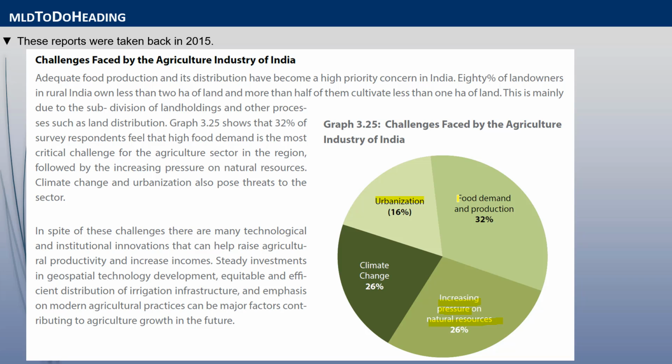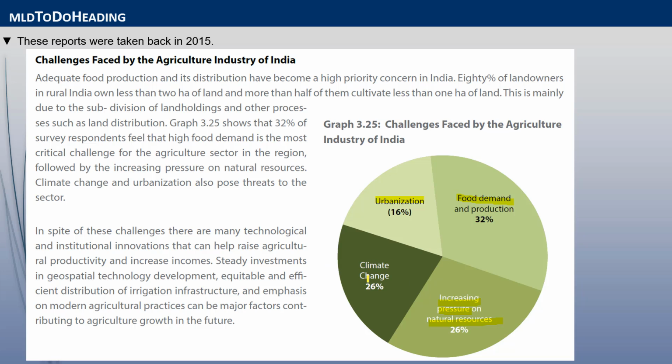The third challenge is the food demand. As the population is growing, the demand for food and agricultural products is growing, but there is a challenge to meet the supply and the demand.